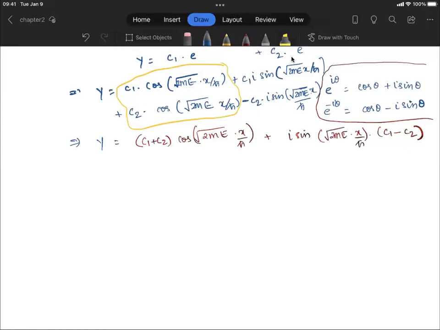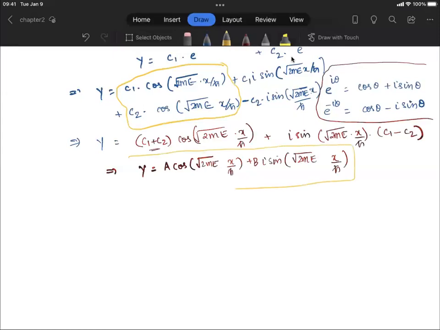This will be negative C1 minus C2 because you have an e to the power negative i something. So I can call C1 plus C2 a constant A, and I can also call C1 minus C2 another constant B. And this will be the form of the wave function, right?